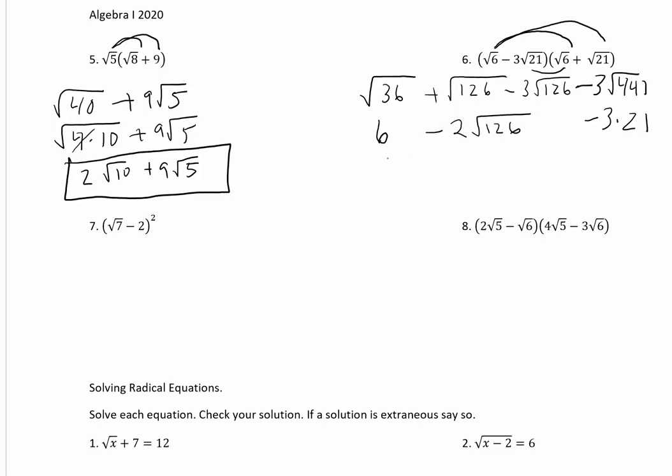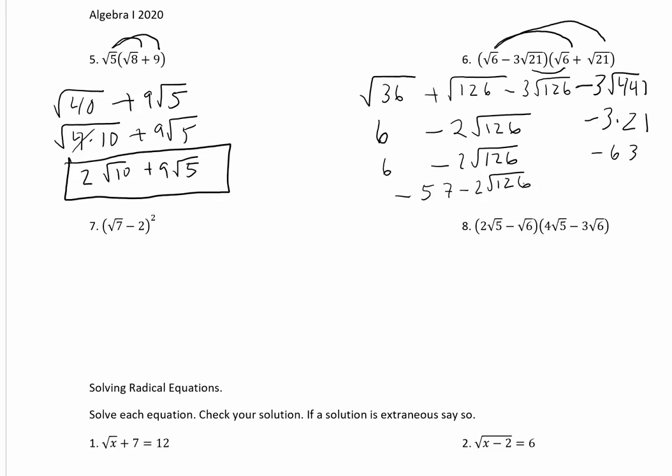So I'm going to combine like terms again. Negative 3 times 21 is going to give me a negative 63. And this is going to be a negative 2 rad 126. All right, so what I need to do now is combine the 6 and the negative 63. So I'm going to get negative 57 minus 2 rad 126.